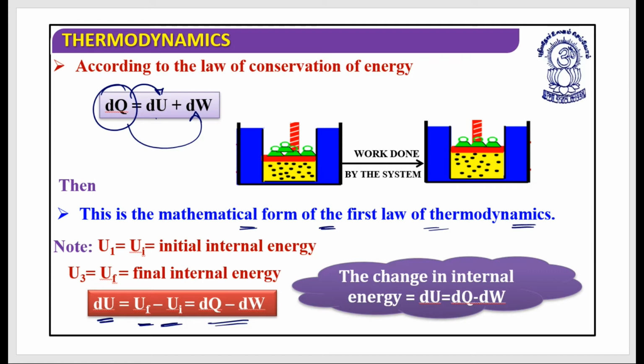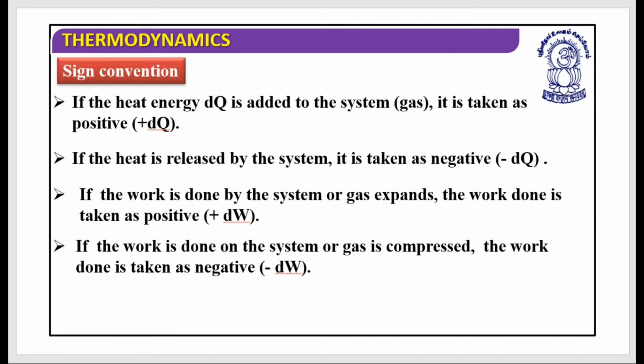Now let's look at the sign conventions of the system. If the heat energy delta Q is added to the system, it is taken as positive. That means dQ is positive.